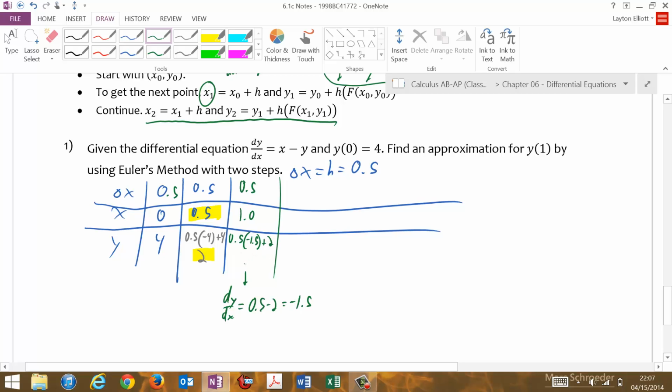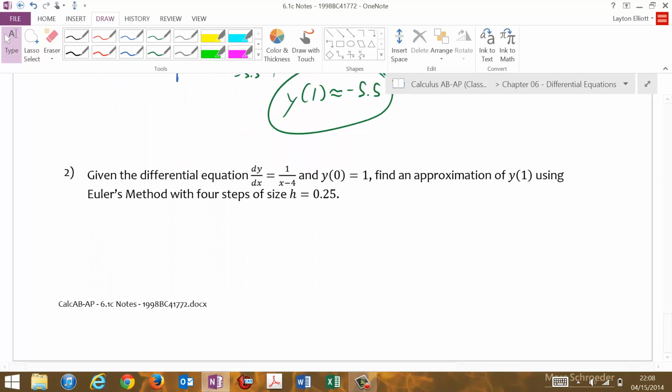So 0.5 times negative 1.5 is negative 0.75, which is negative 5.5 when added. So I'm going to erase this. Let's go negative 5.5, and then we're done. So y of 1 is approximately negative 5.5.